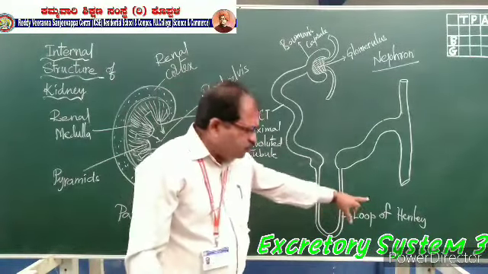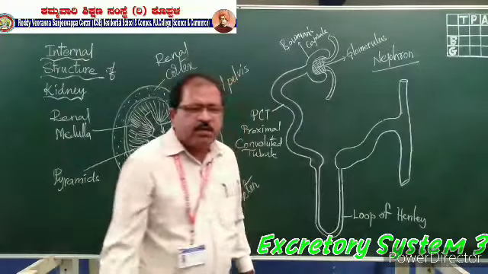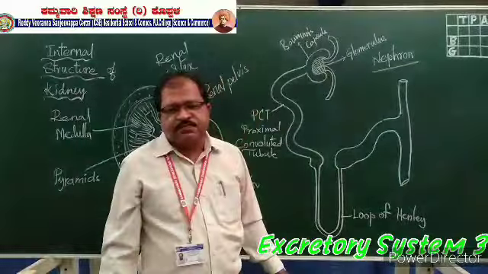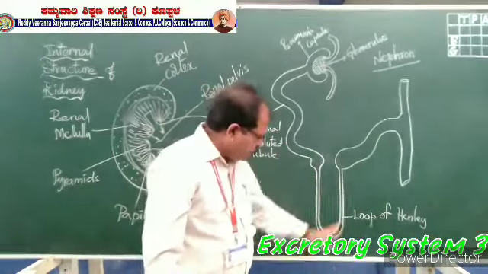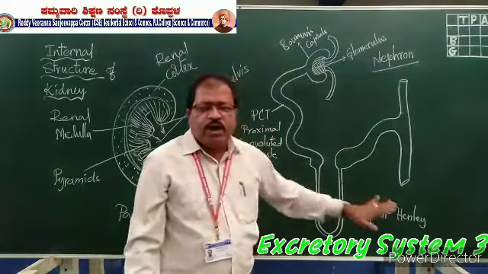And it has two arms presented there. This is the downwards arm and this is the upwards arm, ascending as well as descending. These two arms combined with a U-shaped link are called loop of Henle.